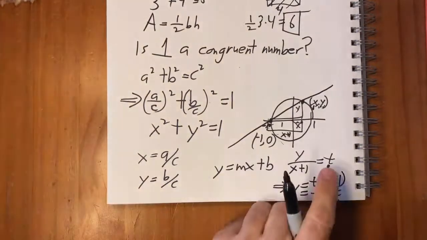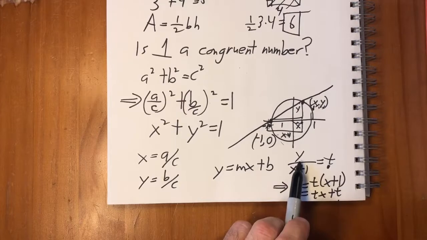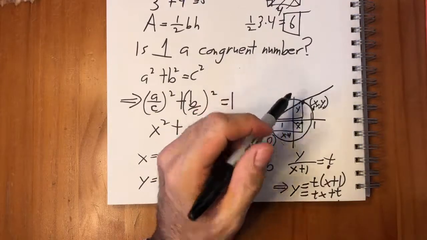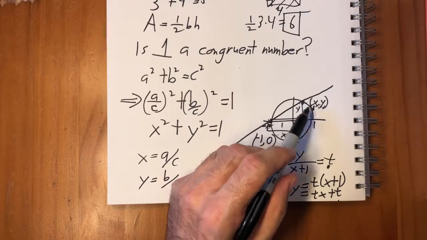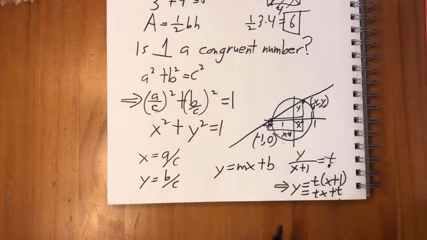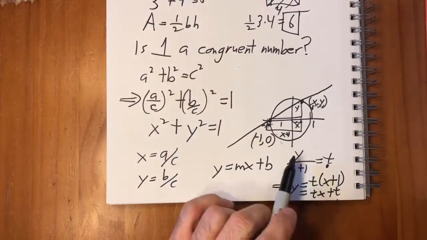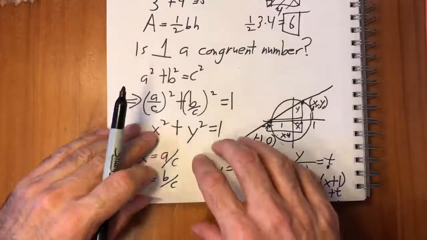So the next thing to do is we need to manipulate this so we have x and y in terms of t. Now, in order to do that, we have two equations. We have x squared plus y squared equals 1, and we have that y equals tx plus t. If we put those together and solve for those two equations, we should be able to find what y and x will equal in terms of t. So let's do that now.